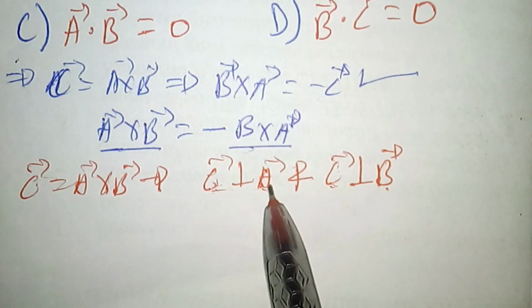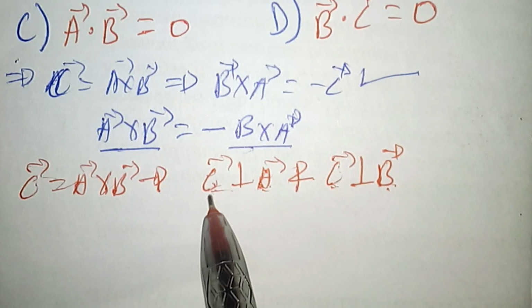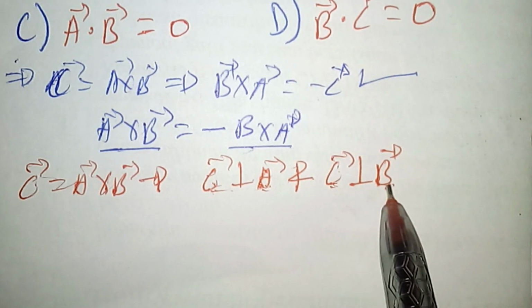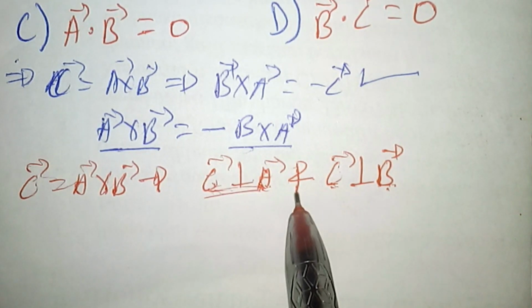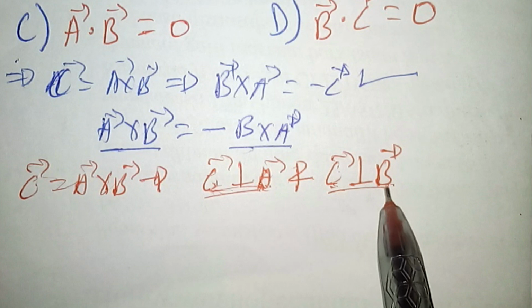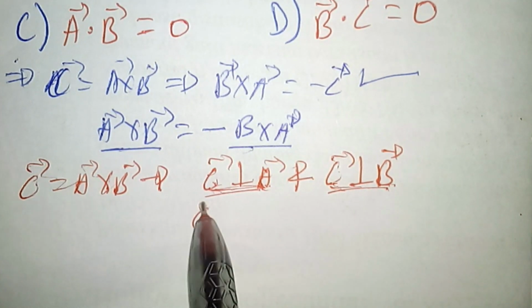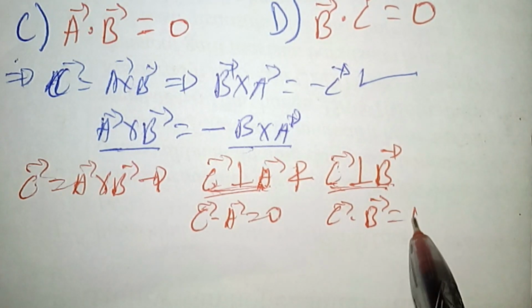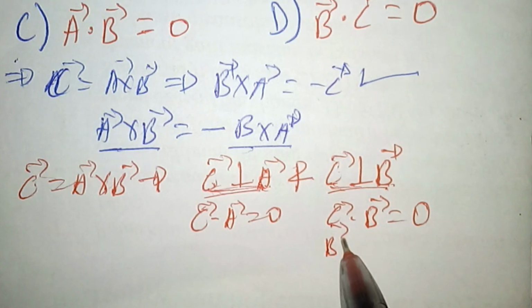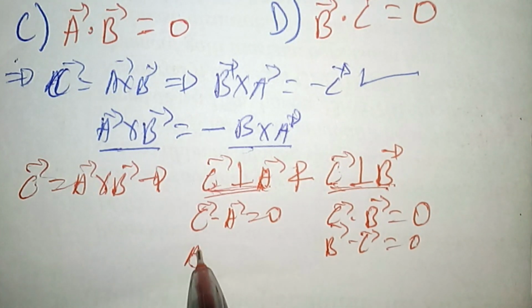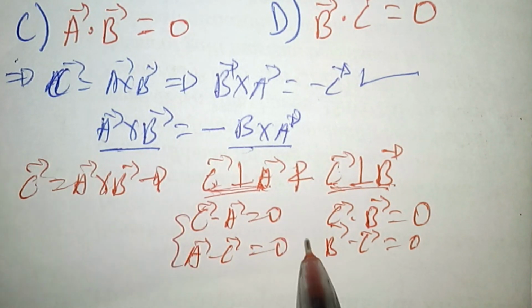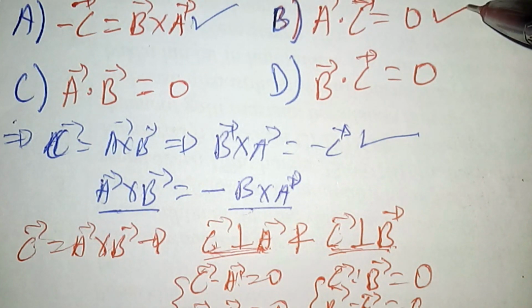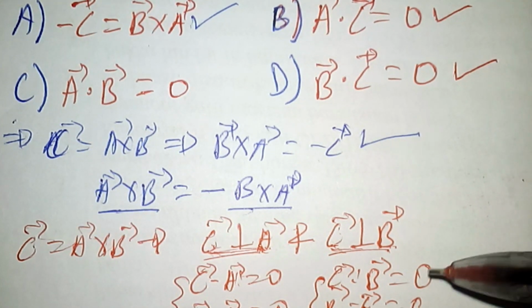If C and A are orthogonal and C and B are also orthogonal, the scalar product of C and A is 0 and the scalar product of C and B is 0, since the angles are 90 degrees. So C dot A is 0 and also C dot B is 0, or B dot C is also 0 and A dot C is also 0, since the dot product is commutative. Exactly, we see that alternative B is always true and alternative D is also true from these two conditions.